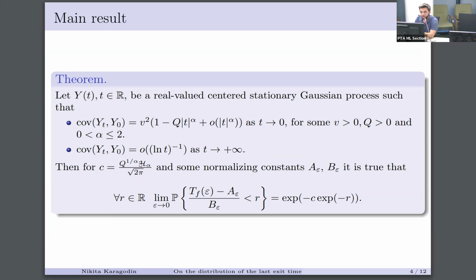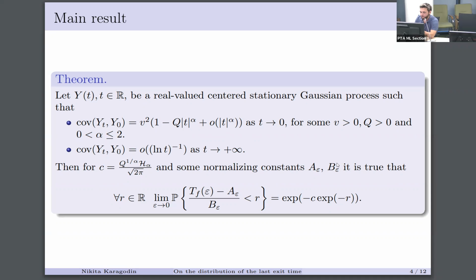H alpha is a specific constant. It's named Pickands' constant. If you'd like, you can Google it. It appears in different works. I will show why it is here on the next slide.